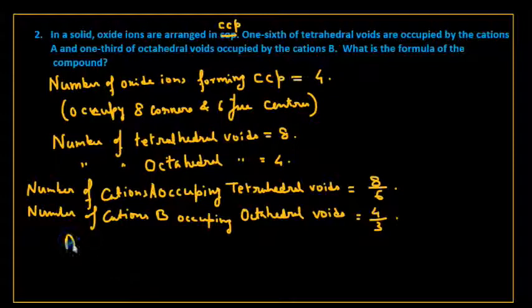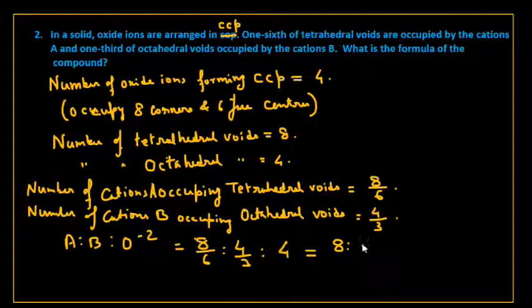Therefore, we can write A to B to O minus 2 is equal to 8 by 6 to 4 by 3 to 4, which, as whole numbers, we can write as 8 to 8 to 24, which in simplest form is 1 to 1 to 3.